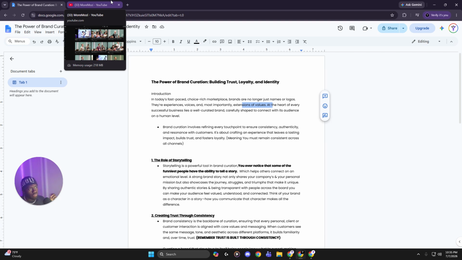Brand curation involves refining every touchpoint to ensure consistency, authenticity, and resonance with the customers, aka your ICP. It's about crafting an experience that leaves a lasting impact, builds trust, and fosters loyalty. So you must remain consistent across all channels. Whatever messaging you are putting out to the world must be consistent, and you can't deviate away.